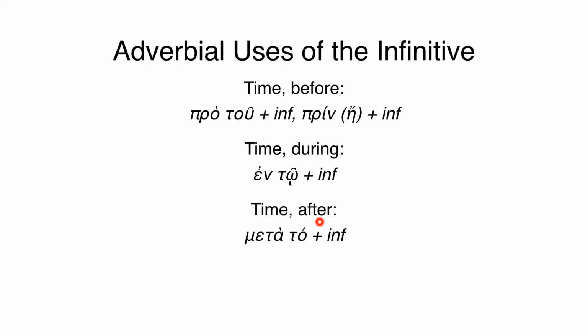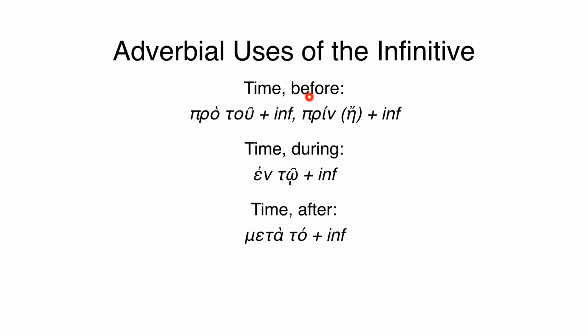In other words, after the main action, the infinitive has occurred. Same with the time after. We translate it after, but actually it indicates an action that occurs before the event of the main verb. This can be a little bit confusing, but it's just worth pointing out when these actions are actually happening. But we will stick with these gloss translations to make things simple.